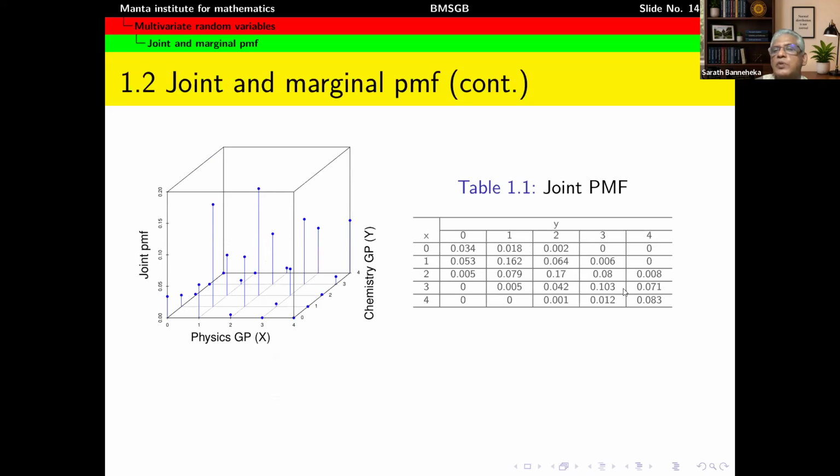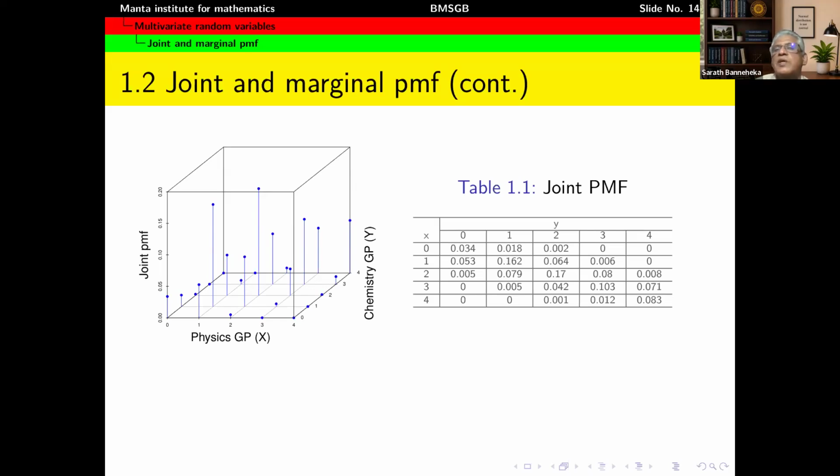So that actually gives you the joint probability mass function of this X and Y, where X is the GP value for physics and Y is the GP value for chemistry. Actually, in a practical situation, we will not have that large a sample. You may have about 100 to 200, maybe. Then you can still get proportions like I explained, but those will not be the actual probabilities.